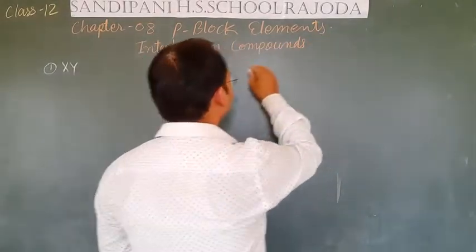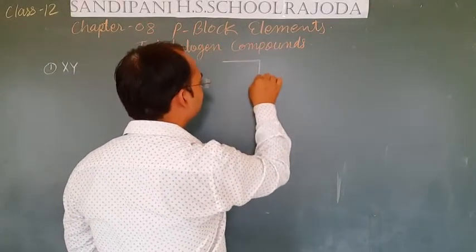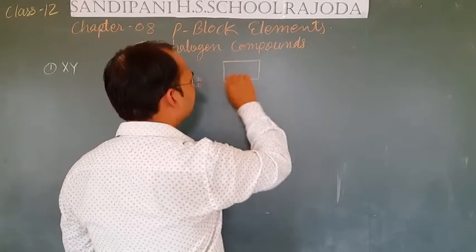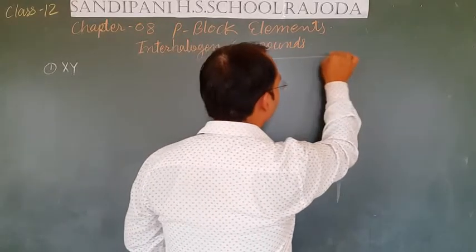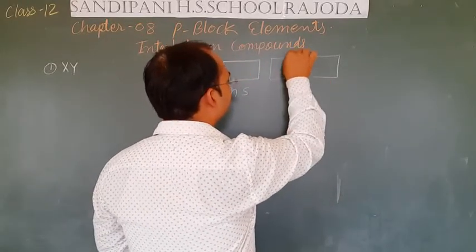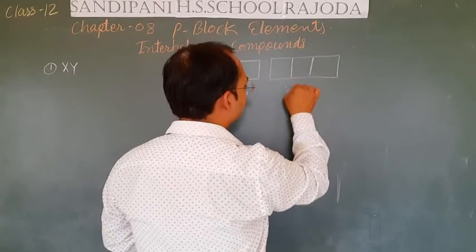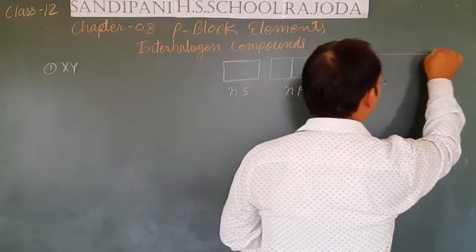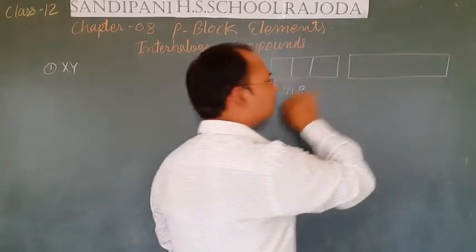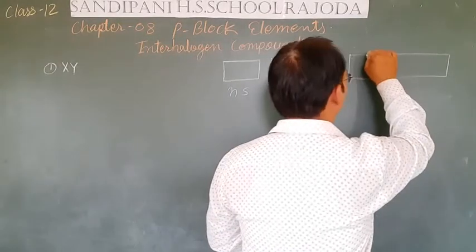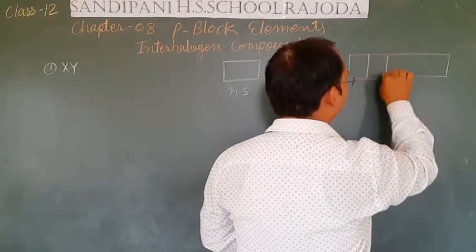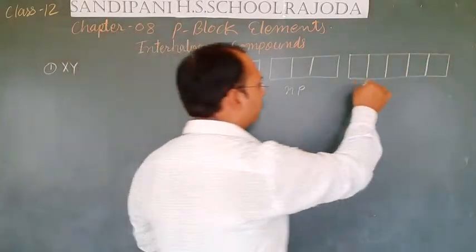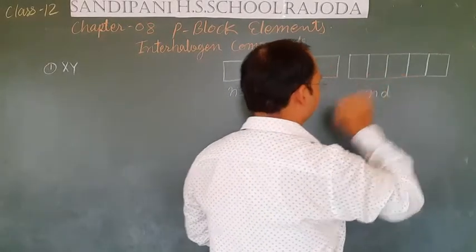Electronic arrangement: this is our n-s shell, here this is the n-p shell, and here is the n-d shell, 1, 2, 3, 4 and 5. This one is our n-d shell.